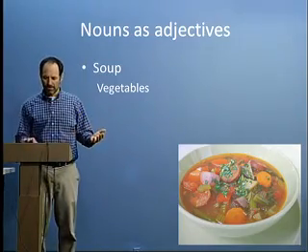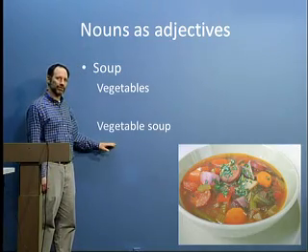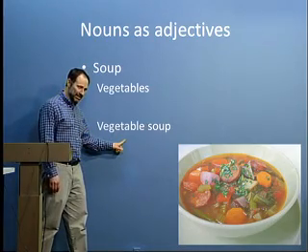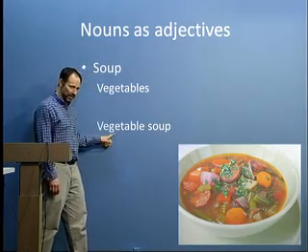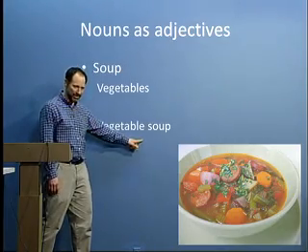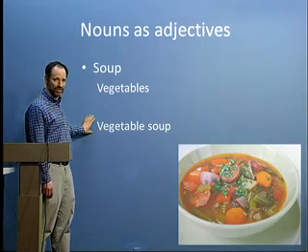So what kind of soup do I have? I would say I have "vegetable soup." So even though there are lots of different kinds of vegetables, in this expression, "vegetable soup," I do not put an S on vegetable because I'm using the noun vegetable as an adjective.